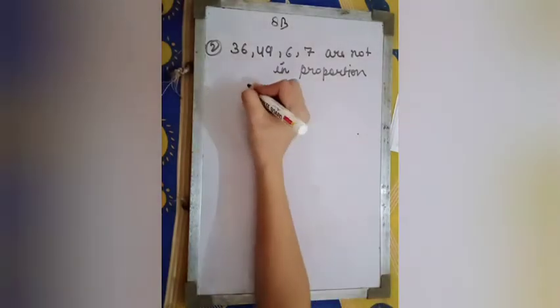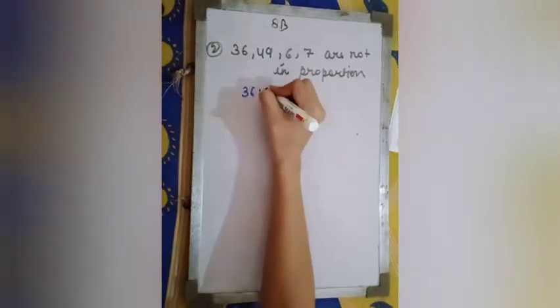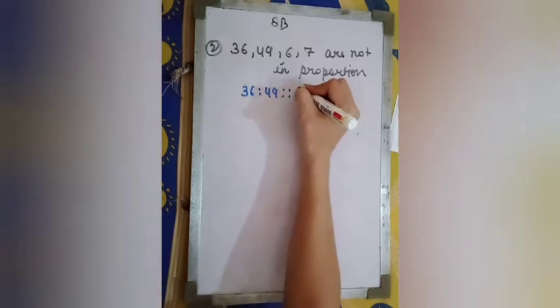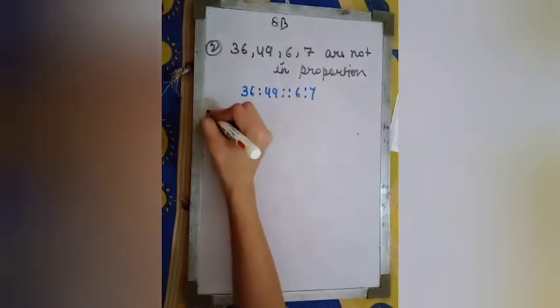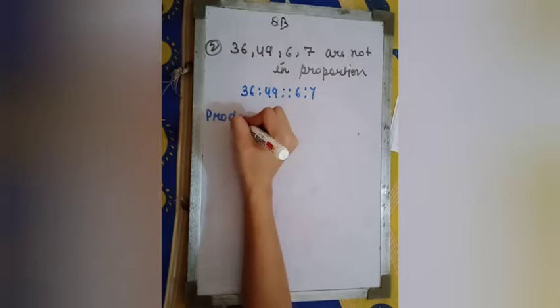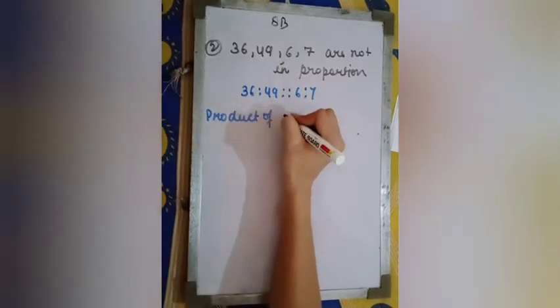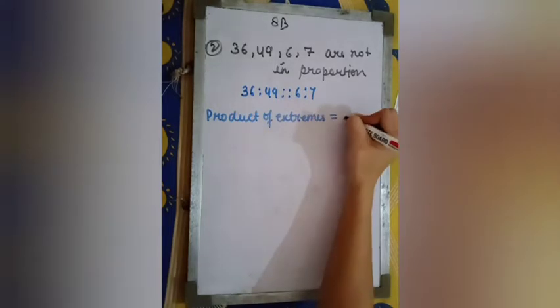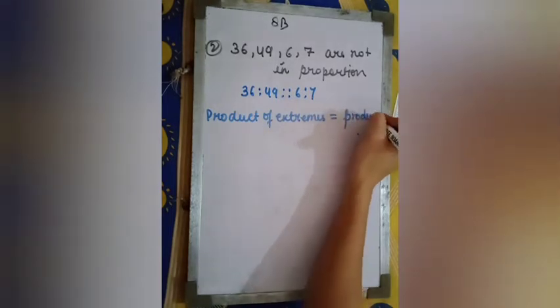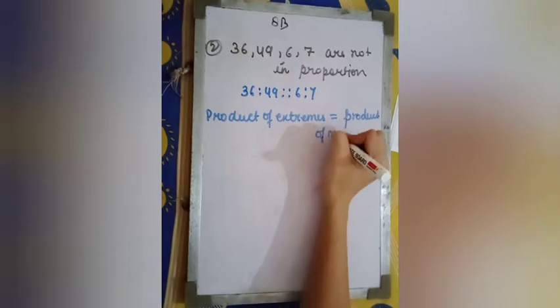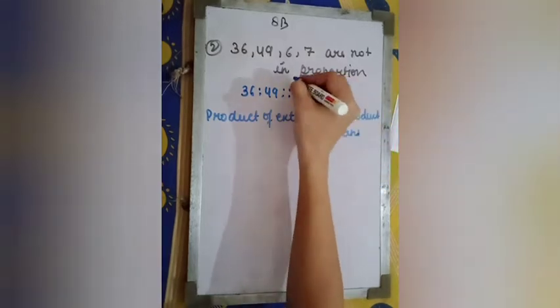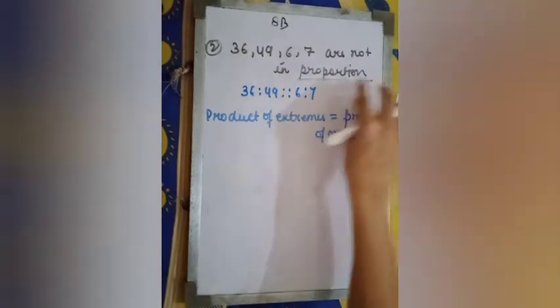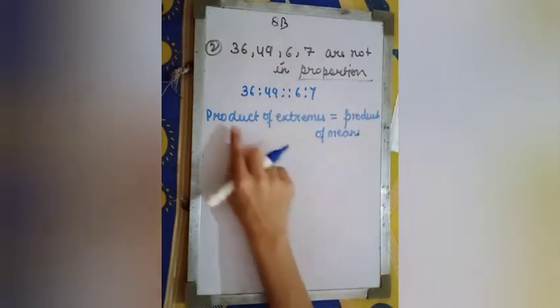First, write these numbers like this. Now check, if they are in proportion, the product of extremes should be equal to the product of means. Whenever you have to check if ratios or numbers are in proportion or not, use the formula.